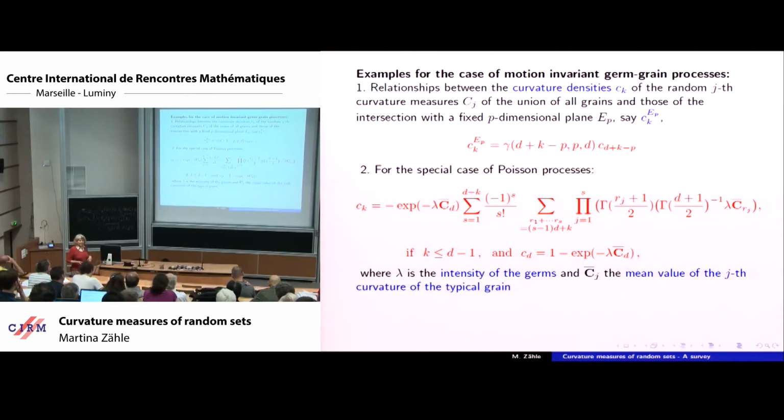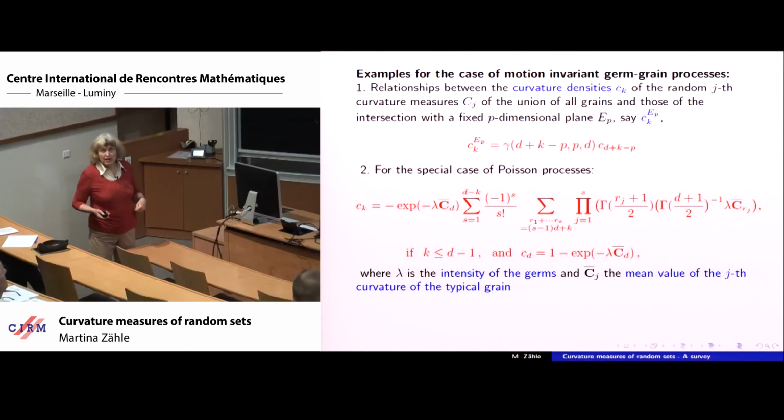We take the typical grain, a bounded geometric set, and we test these curvature measures, and then we take, for instance, the total volume, the total surface area, the total Gauss curvature, and then one has an explicit formula of the intensities in terms of these typical grains.